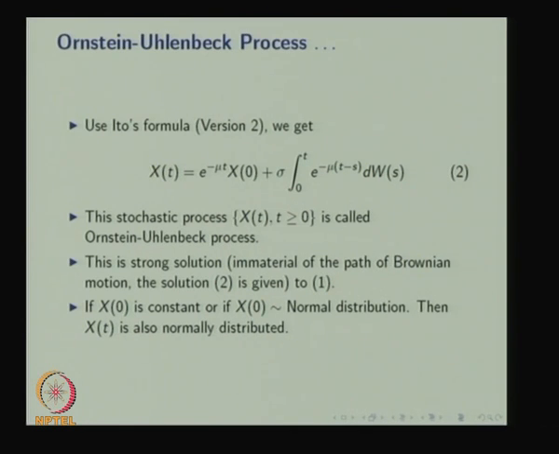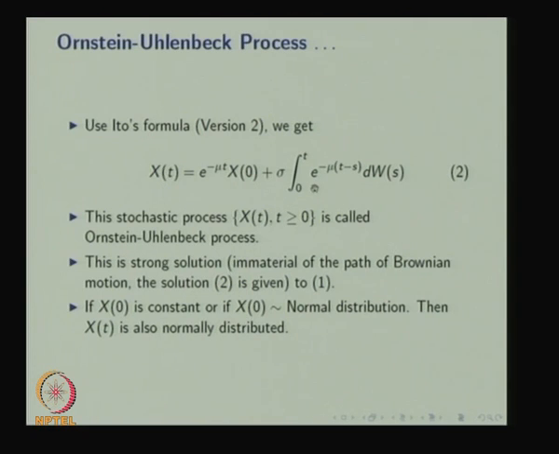You know that whenever the integrand is a non-random function, the Ito integral with the deterministic integrand is normally distributed with mean 0 and the variance in terms of integration.